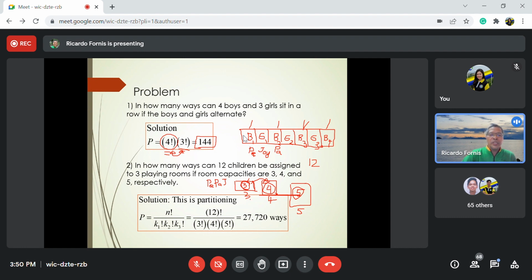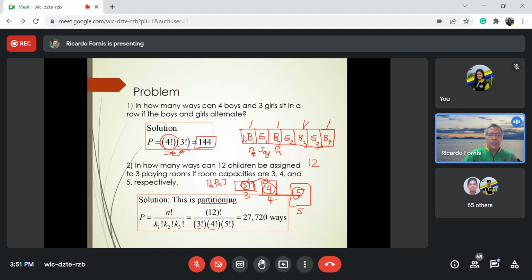And how to solve this kind of problem? This is what we call partitioning. It is just like objects that are alike. In this case, the 3 persons in playroom number 1 are considered alike objects.